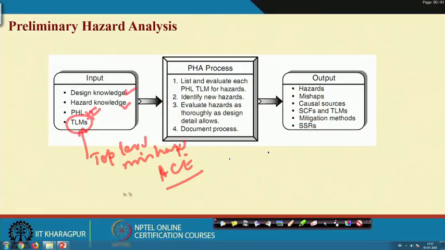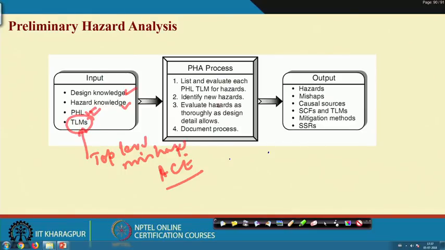Similarly, fire in the ground operation, missile structure fire. In the same manner, in the pressure tank example, the top level mishap will be pressure tank rupture. So, these are top level mishaps, and top level mishaps are inputs to PHA.